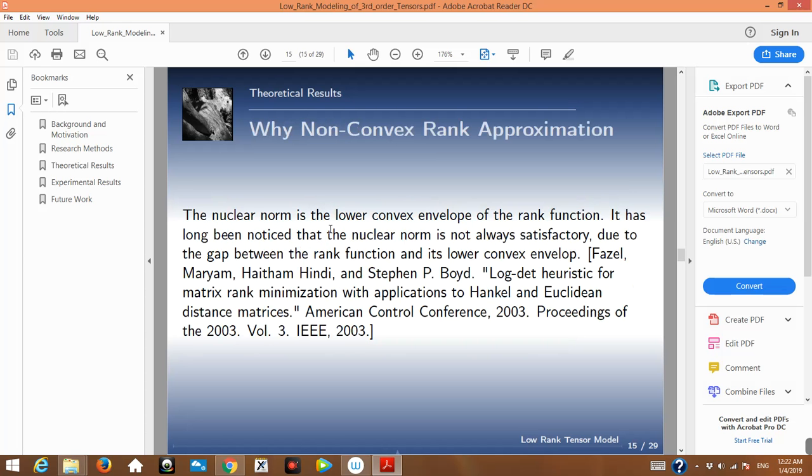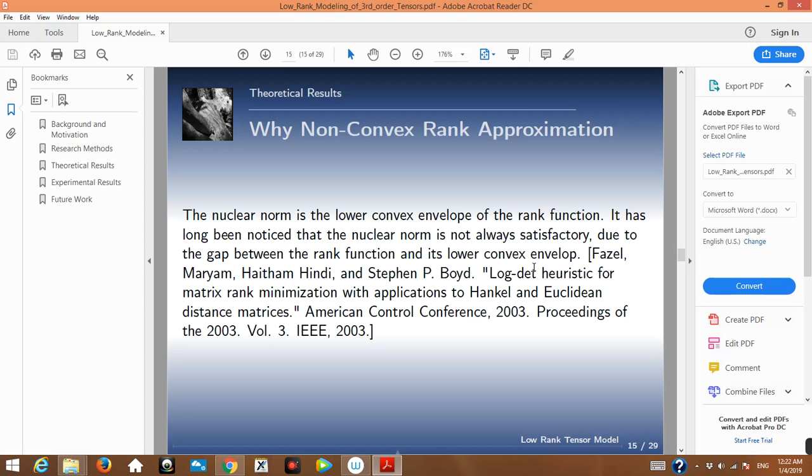Before, people used the nuclear norm to approximate the rank function, because the nuclear norm is the lower convex envelope of the rank function.